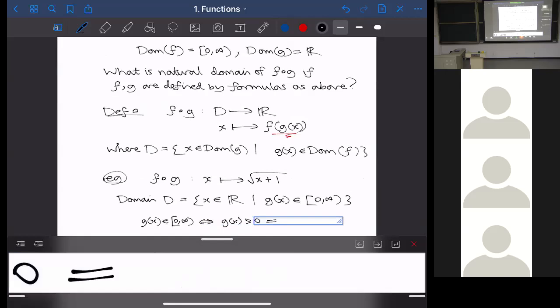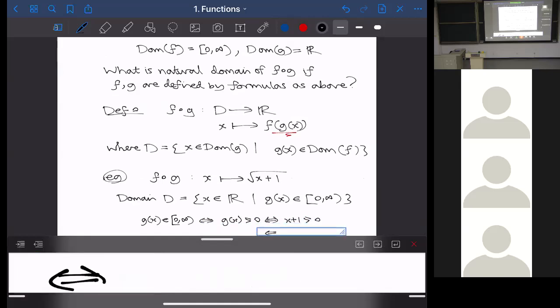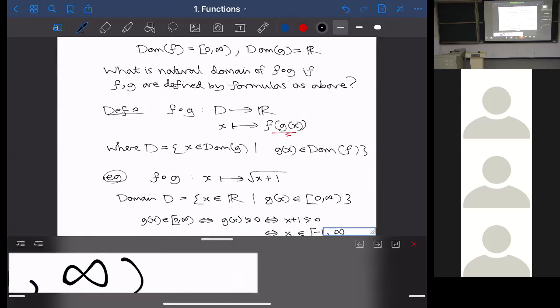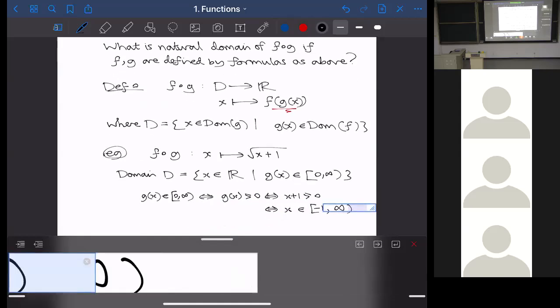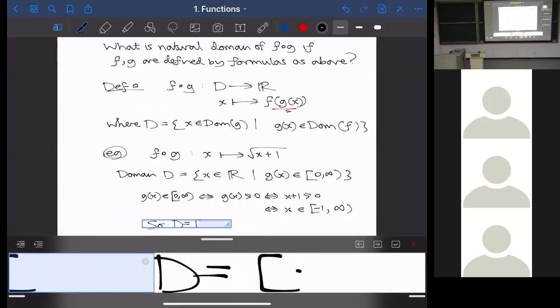And g(x) is x plus 1. And this is if and only if x is in the closed interval minus 1 to infinity. So D is minus 1 to infinity.